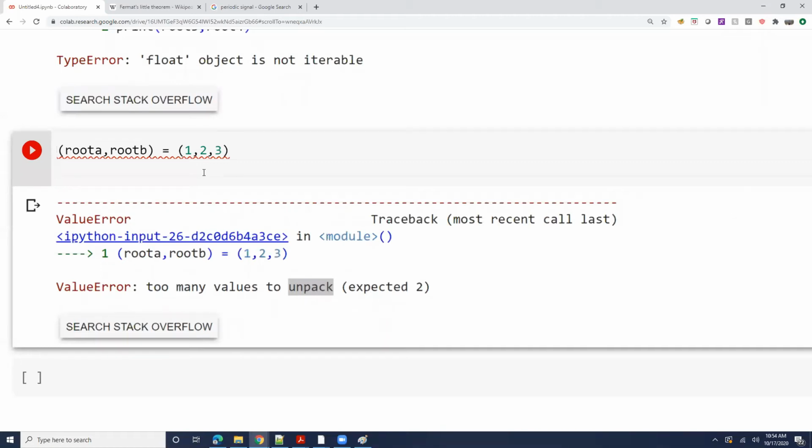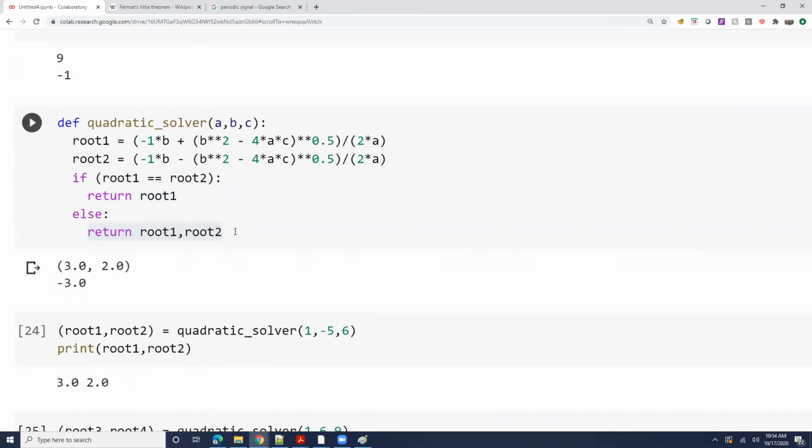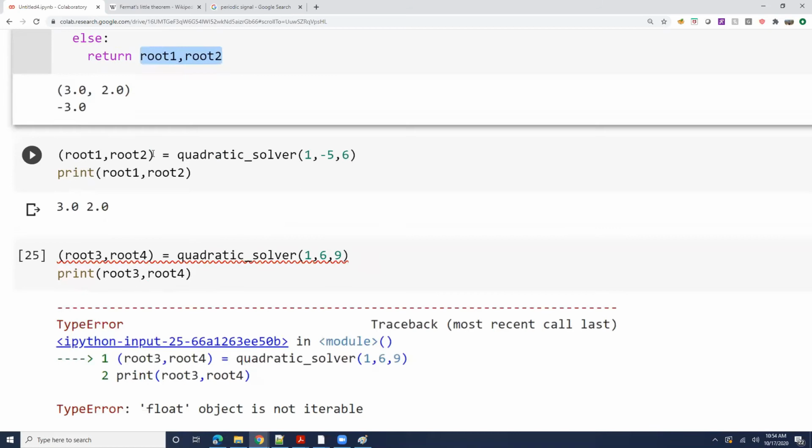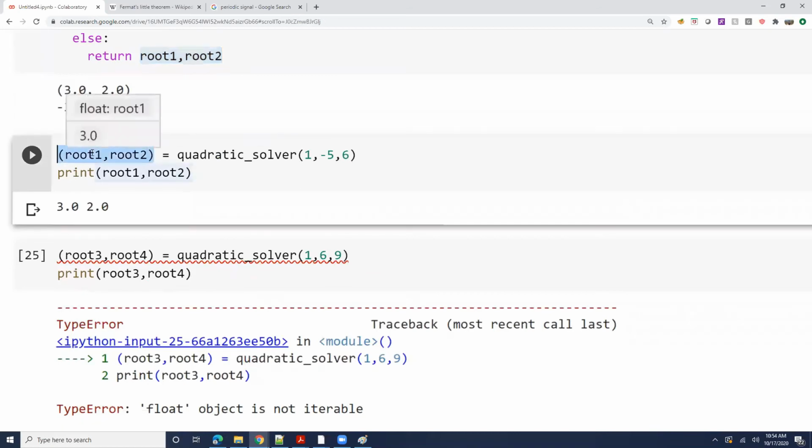These are some words you guys can Google later. When you are returning something like this, A comma B, it is first packing the result. So Python is packing the result of 3 comma 2 into a tuple. And when you are assigning it to another tuple, it is then unpacking and assigning piece by piece. So it's called packing and unpacking.